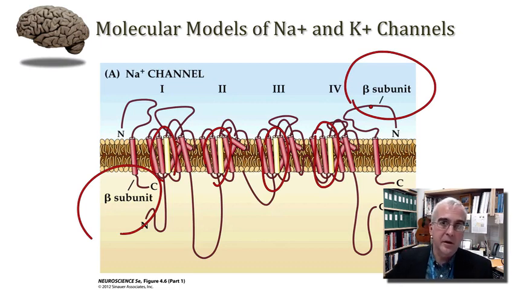So there may be different capacities to modify this basic structure in interesting ways that will have an impact on its function. And in some cases, there may be genetic mutations of these genes that will impair the function of these channels. And that's a fascinating story that you can read more about in a box that's found in Chapter 4. Okay, so that's a brief look at the sodium channel.